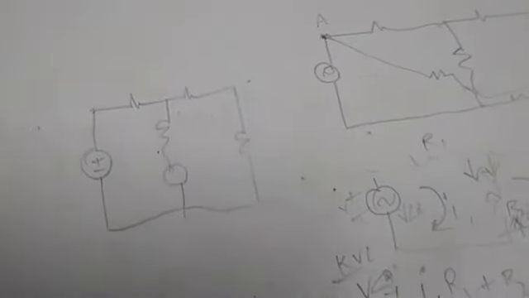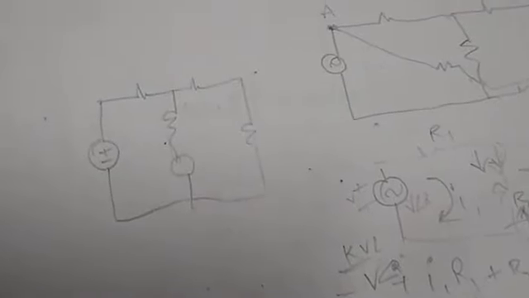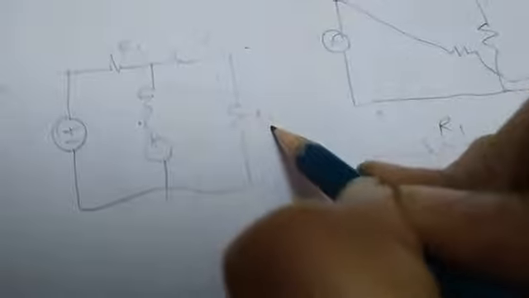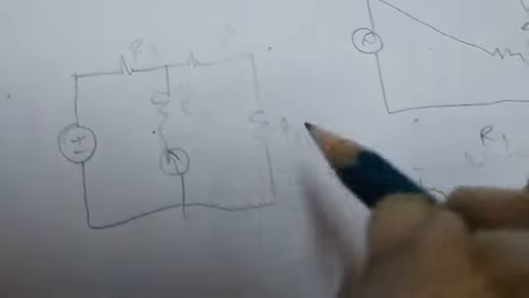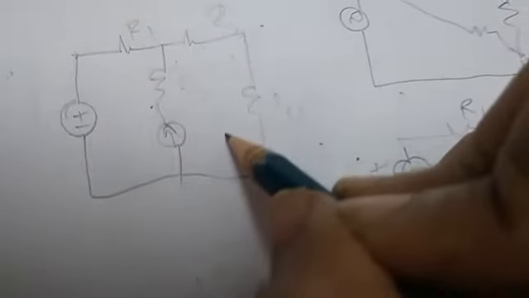So if I consider any circuit where a current source is in between the meshes, that mesh we call it as super mesh.